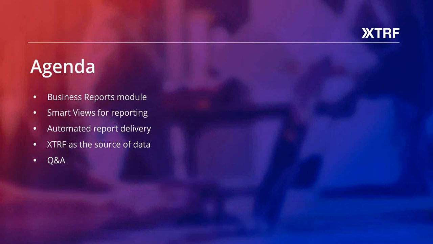The next point would be the automated report delivery, a couple of words about that, and how you can use your XTRF as a source of data for reporting outside of the system. At the end, I hope that there will be some time for questions.